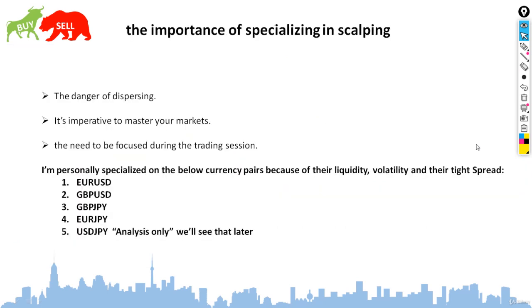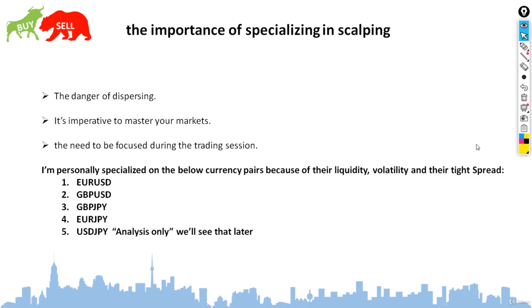The importance of specializing in scalping. The first point: if you are not specialized in a certain number of currency pairs, you will be in danger of dispersing. A dispersed trader tries to catch all the movements in different currency pairs, and the result is losing a lot of money. The second point: it's imperative to master your market.